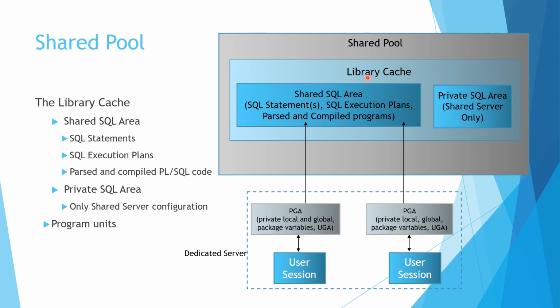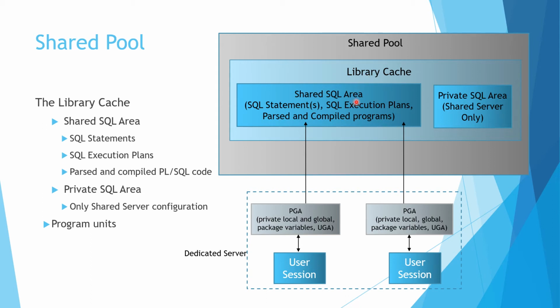If the SQL statement or execution plan is not present in the library cache, the DBMS creates a new version of the SQL or execution plan. The efficiency of the library cache is determined by the number of hits, or number of times a SQL statement was found in the cache, versus cache misses, or the number of times a hard parse was required.